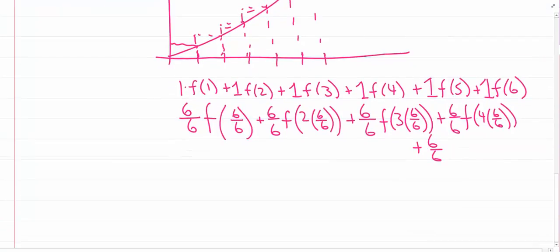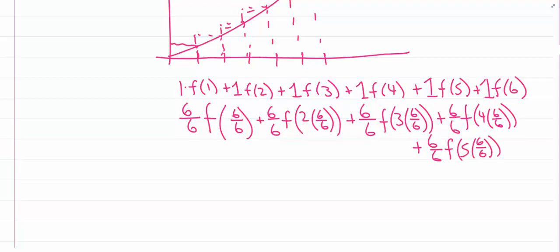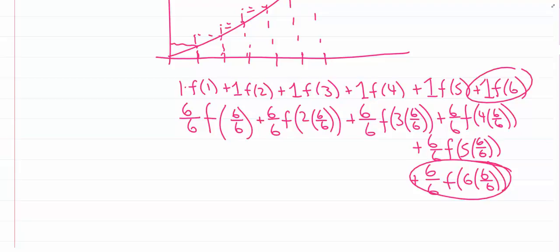Okay, let's keep going here. f of 5 times 6 over 6. And the grand finale is 6 over 6, f of 6 times 6 over 6, which is f of 6, right? So see, we're just being general now, right?